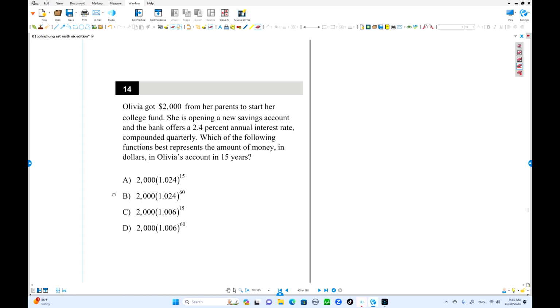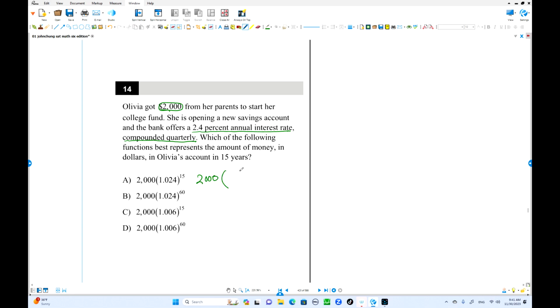The number 14. So we have annual, okay, this is the initial value. Opening a new savings account and the bank offers 2.4%. This is the annual interest rate. But we're going to use compounded quarterly, every 3 months. So which of the following functions best represents this?